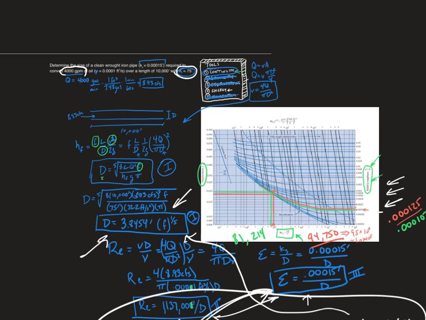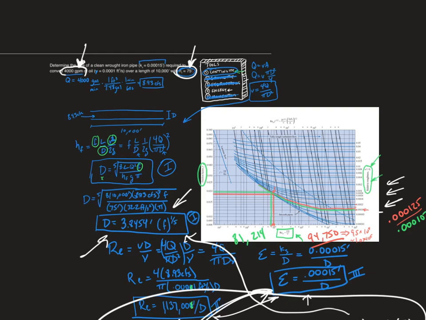Or another way to think of it is, if you have that 18-inch pipe, you will get less than 75 feet of head loss to deliver that much. There are a lot of reasons why you want a bigger pipe. Bigger pipes are definitely helpful for head loss and more flow rate.